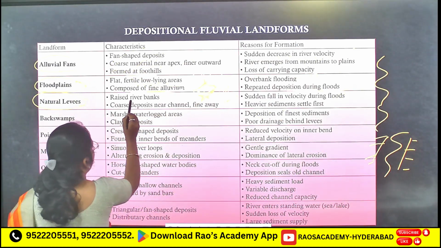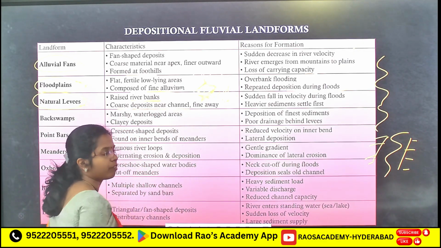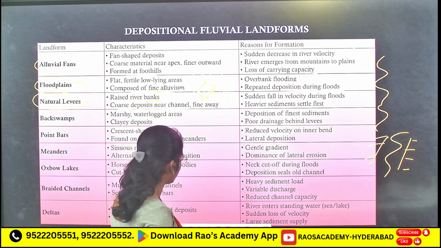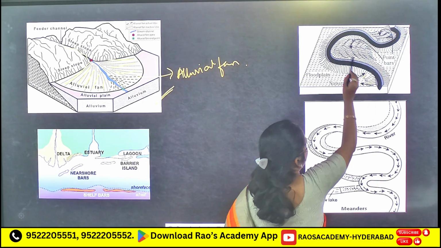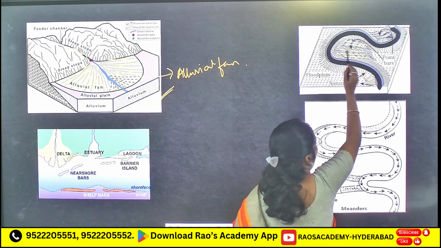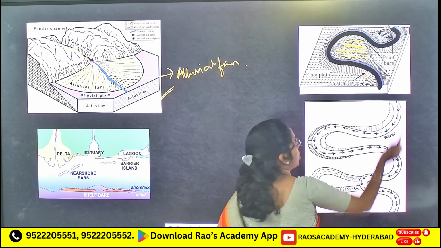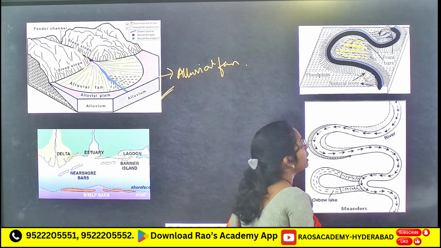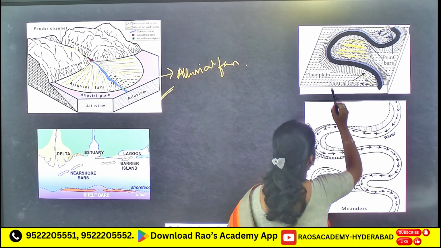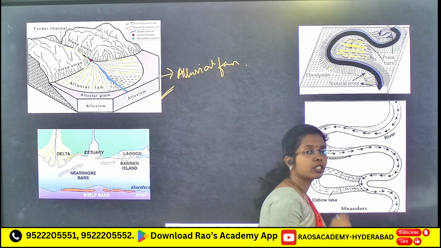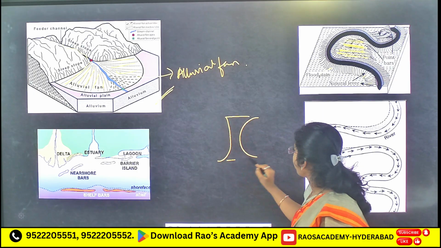Here, raised river banks with coarse deposits near the channel, from a sudden fall in velocity. Because of the sudden fall in velocity, you can see these are the natural levees. Inside the concave side you will see point bars, large linear deposits. On the convex side natural levees, on the concave side point bars; this is a concave mirror, right?